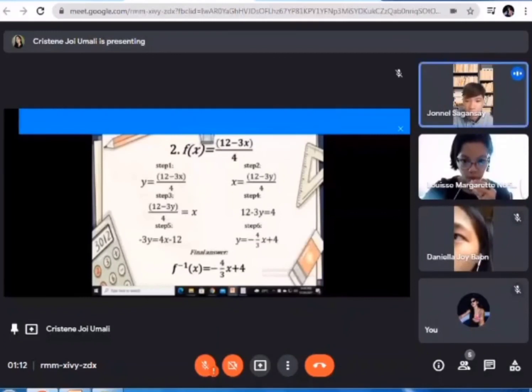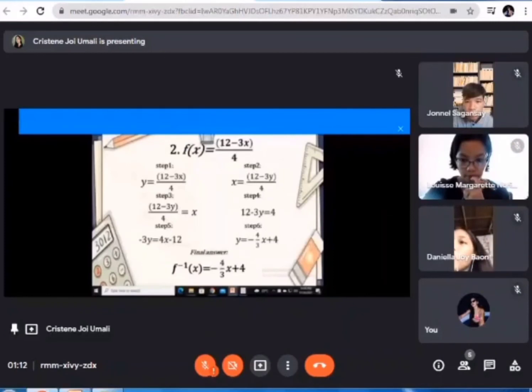Doon sa step 4. Yes? 12 po. Yes, 12 yung ililipat natin. So, magiging ang remain natin is negative 3y equals 4x minus 12.